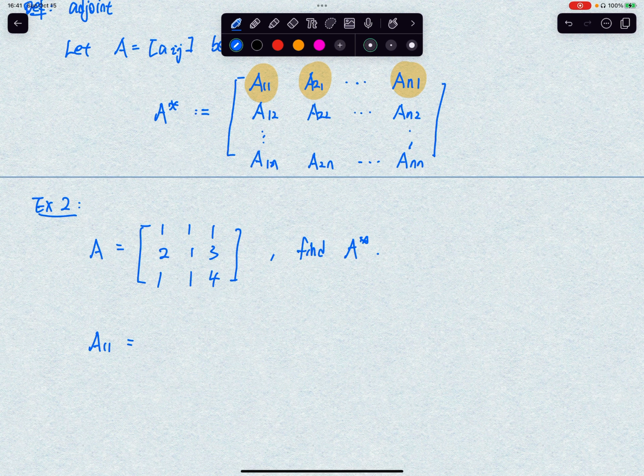A11 is in fact minus 1 to the 1 plus 1, since it is the 1,1 entry. Then we remove the first row and first column, and the remaining is 1, 3, 1, 4. So it is the determinant of 1, 3, 1, 4, and this gives us 1.